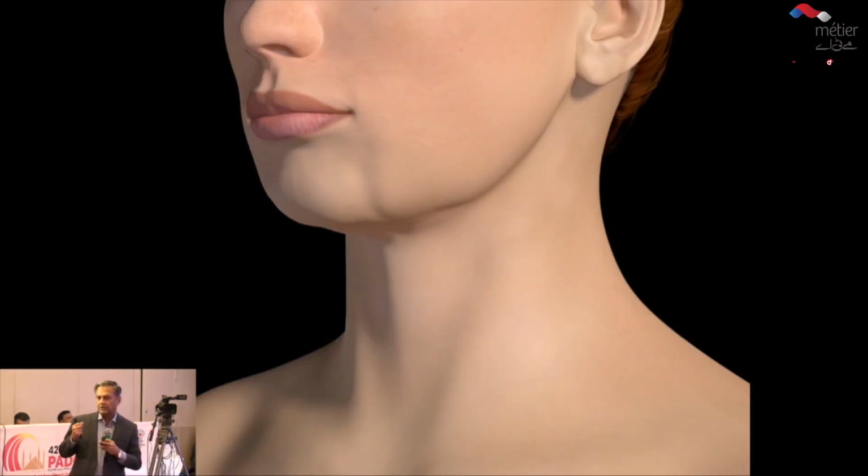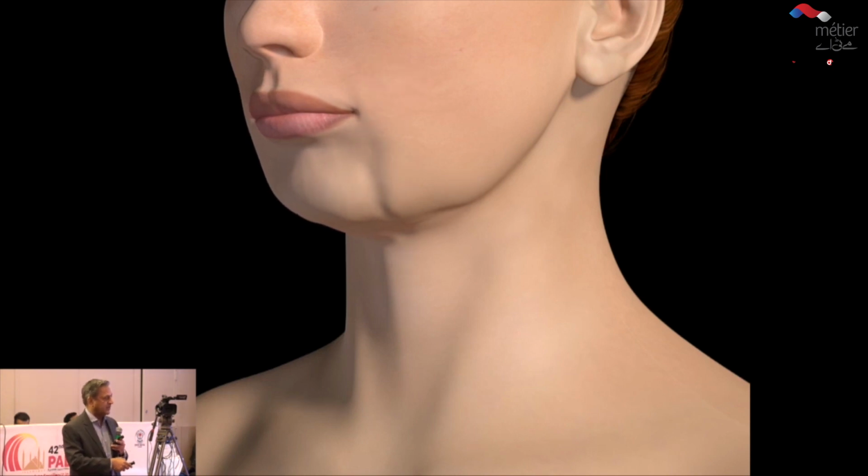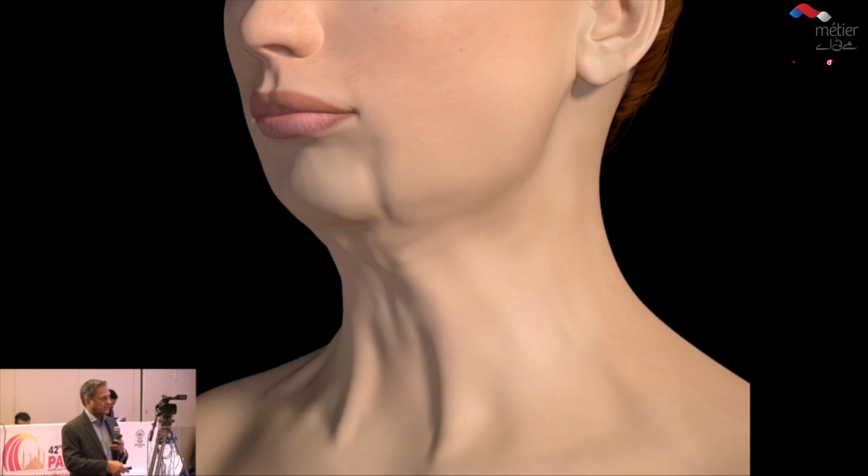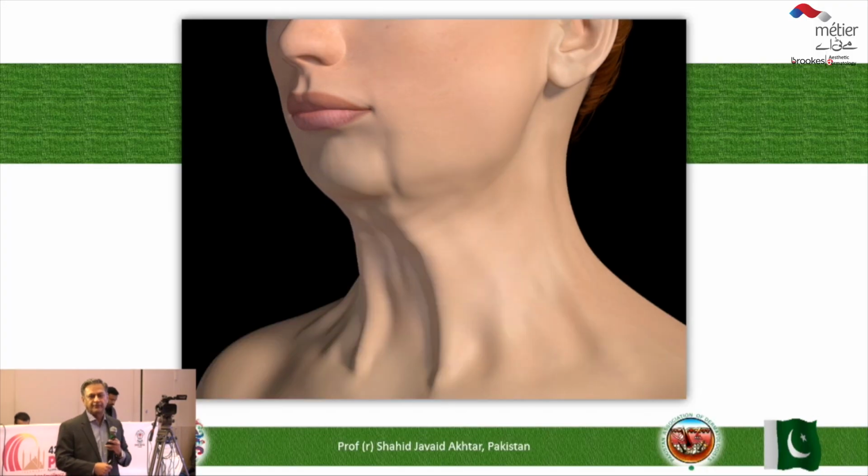Again, if you look at the aging changes, the aging is because the mandible regresses, there is loss of deep fat pad, and the platysma bands become hypertonic, and that leads to a poor jawline. So you cannot lift this whole jawline with lifting or repositioning threads.